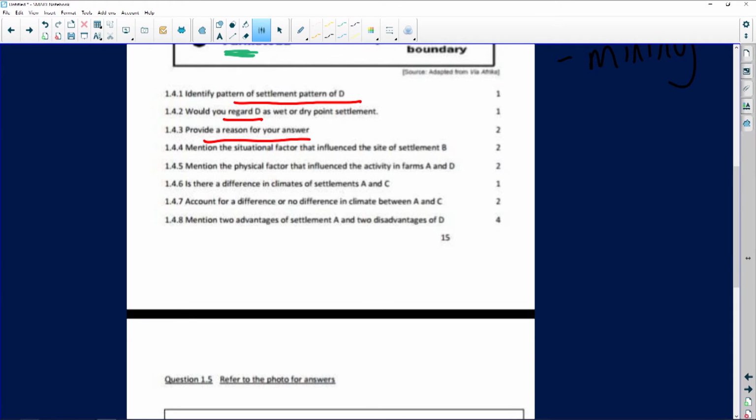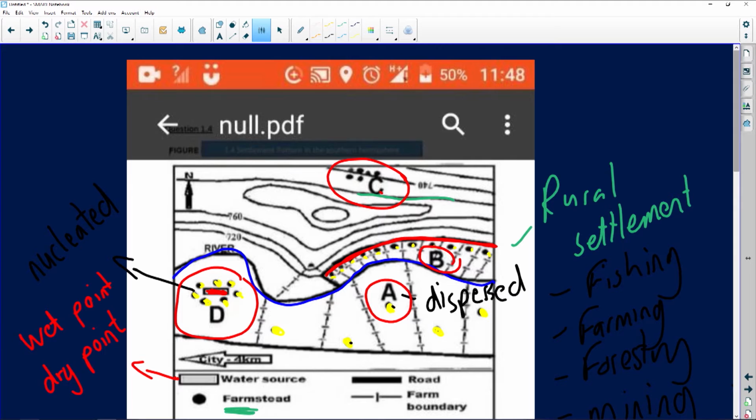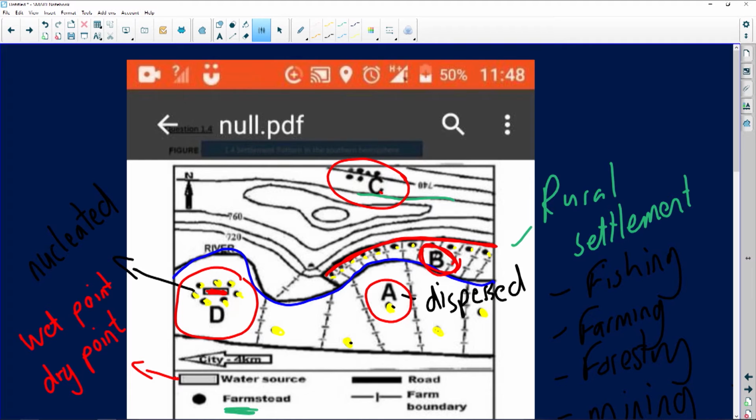Now, if we look at mention the factors that influence the site of settlement B. Now, if you look at settlement B, I've mentioned this before. First of all, I think B is very well settled there. Because first of all, the site, as you can see, they have a river flowing there.